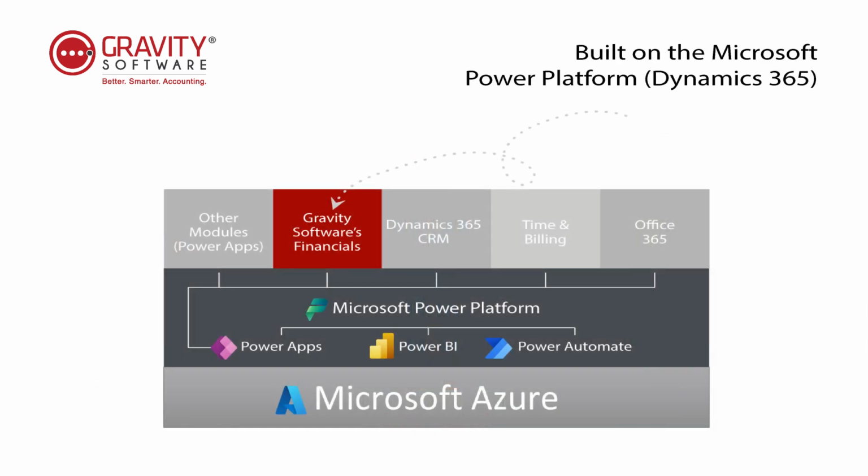Our technology stack is based upon a Microsoft managed platform. The Microsoft Power Platform has over 20 million users, and it runs in the Microsoft data centers around the world. We get to live on top of that platform and use all the features of that platform. The platform is managed by Microsoft for security, for disaster recovery, for reliability.